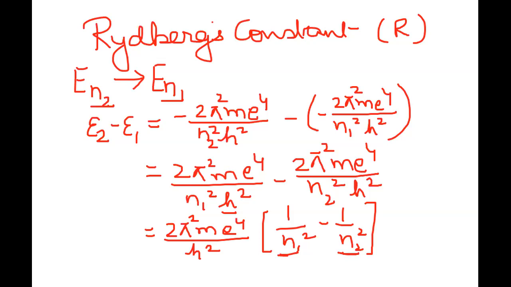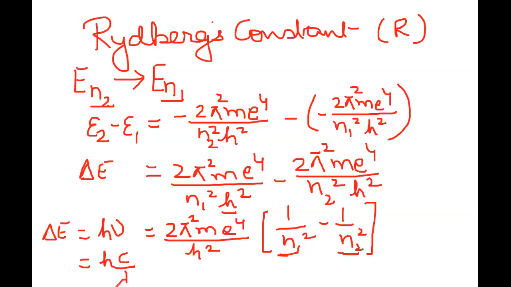You see, because it is the change in energy, if this is delta E, then I can write delta E will equal h nu. Now this h nu is also equal to h c by lambda.